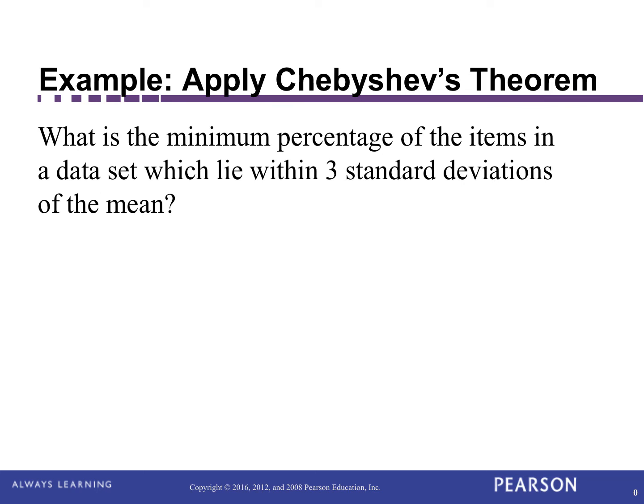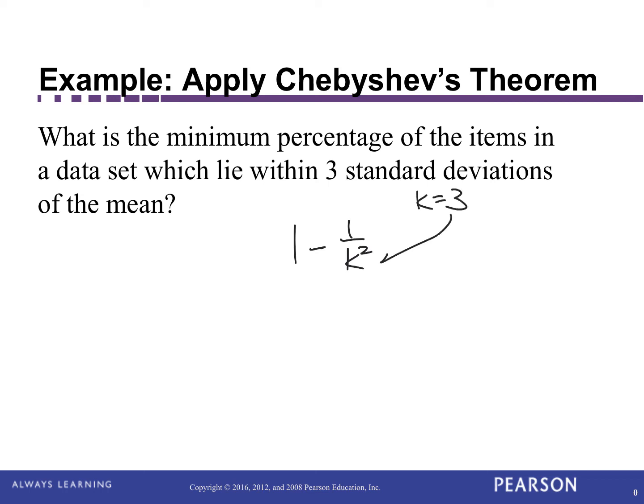So an example: what is the minimum percent of items in a data set which lie within 3 standard deviations of the mean? Well, we could apply this formula, 1 minus 1 over K squared, where K is 3.